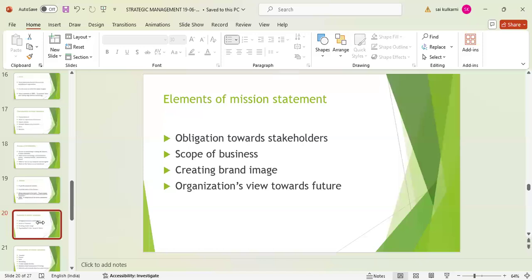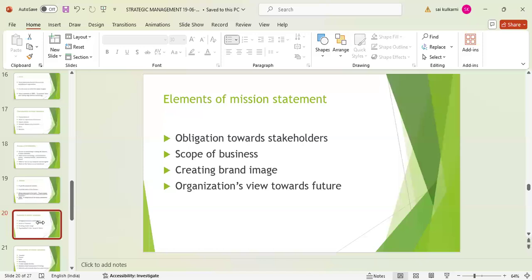Now next is creating brand image. In the mission statement, you can create the brand image. You can differentiate your firm or your organization from others, because you are defining how you are working and why it is very different from others, why it is unique.